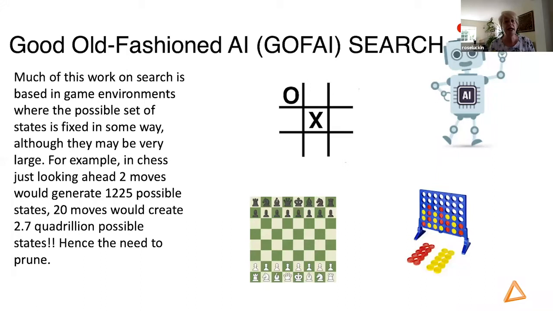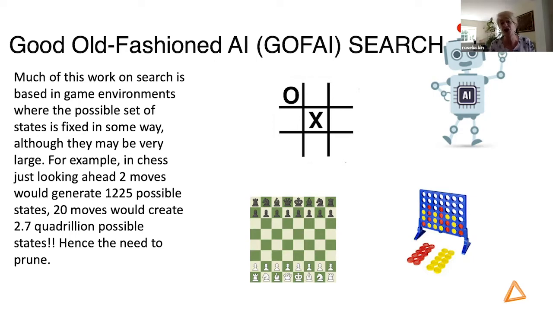And then you would develop an algorithm or a process that would work through all of those states and understand which, at any moment in time, would be the best one for a player to make. But this takes a huge amount of memory and a huge amount of processing. So for example, in chess, if you just want to look ahead 2 moves, you would need to generate 1,225 possible states in order to be able to make a decision about which might be the best.